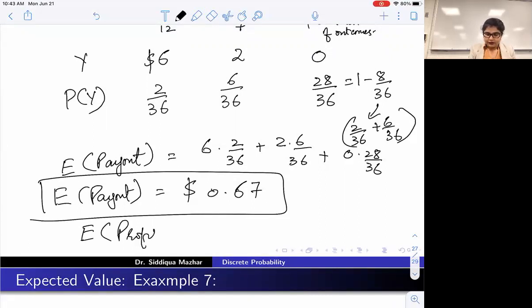You are paying $1. If you subtract the payout, it gives you your profit, 0.33. It means 33 cents is your profit. But if you are losing this money, on each dollar you are losing 67 cents. So this is not a good deal to play this game again.